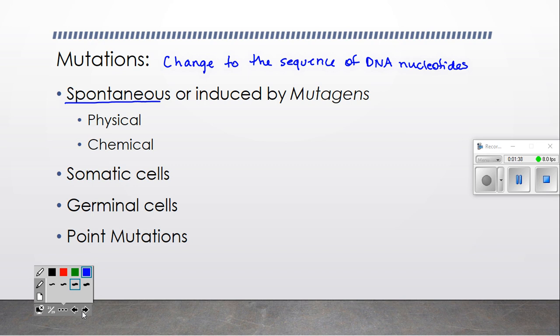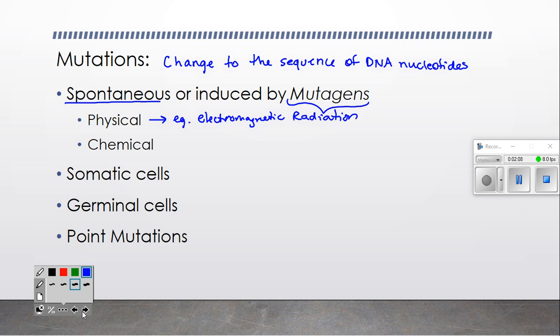Sometimes, though, they can be induced by mutagens. So a mutagen is something that causes a mutation. And we could classify these mutagens into a couple of categories. They could be physical, for example, some sort of electromagnetic radiation.